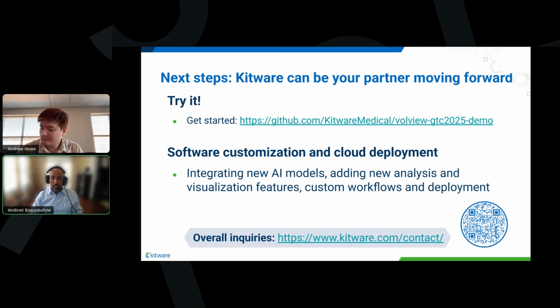If you're interested in extensive customization or integration of new AI models, we'll be able to help. One of the things we do, besides contributing to the open source community, is help customers and collaborators interested in custom software and cloud deployment. So, get in touch. You can use the QR code that we're showing here that will directly take you to our contact form, or you can just use the contact form to contact us, and we'll be able to help you with your projects.